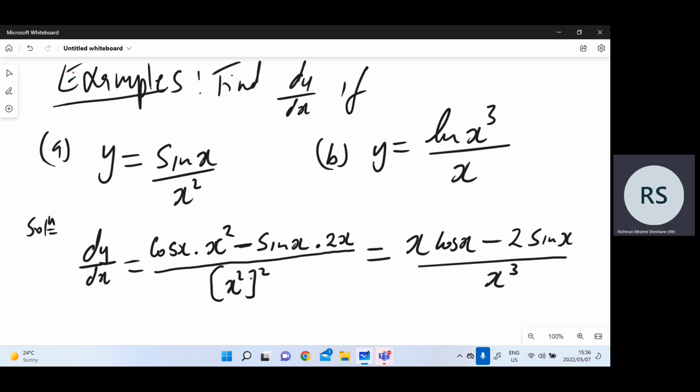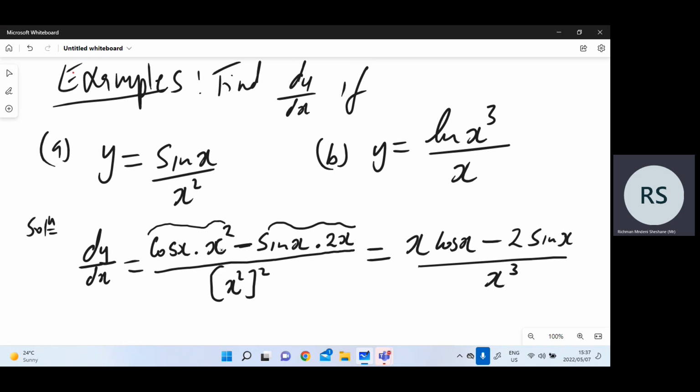Why? Because here we have x to the power of 4. What I did from this term and also from this term, I took a common factor of x. After taking x out, I divide by x to the power of 4. That's why we have x to the power of 3.